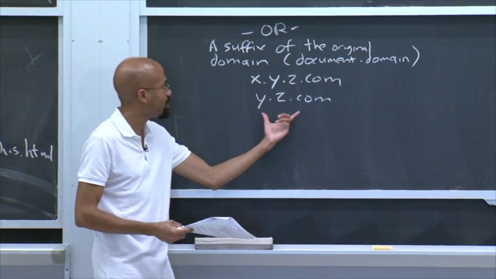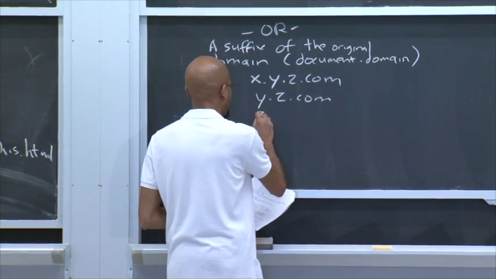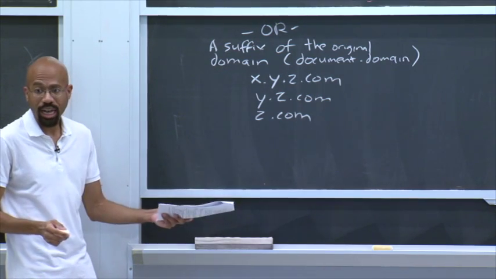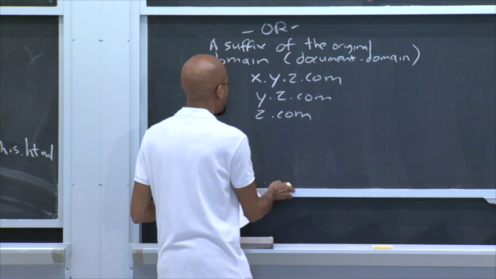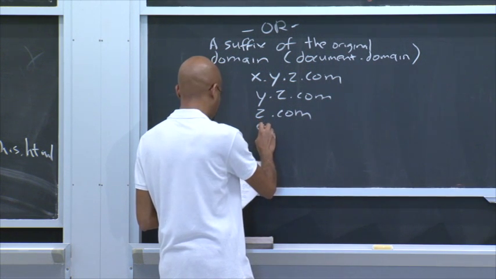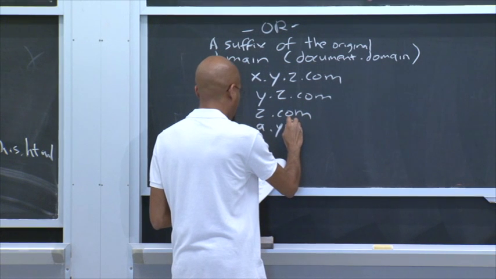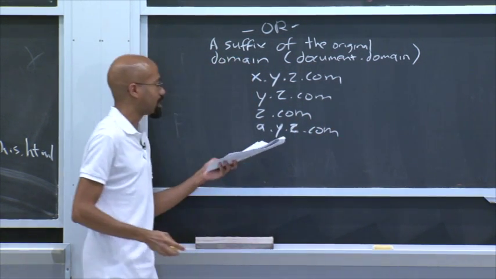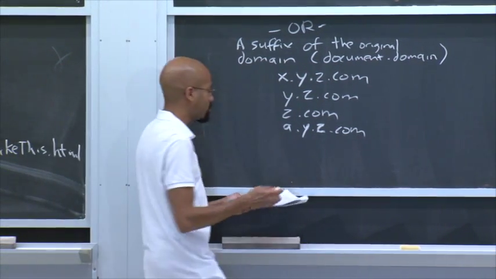And that's allowable because this is a suffix of that. And then similarly, it could also set document.domain to z.com and effectively reset its origin like that. Now, what it cannot do is set document.domain to a.y.z.com. That's disallowed because this is not a proper suffix of the original origin.